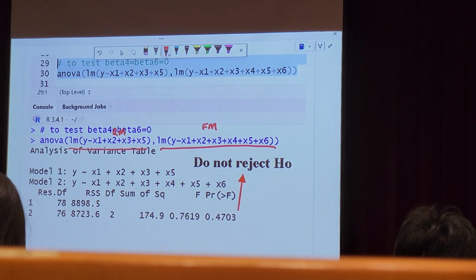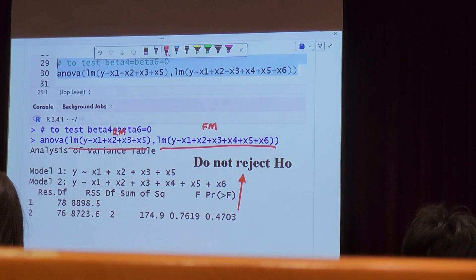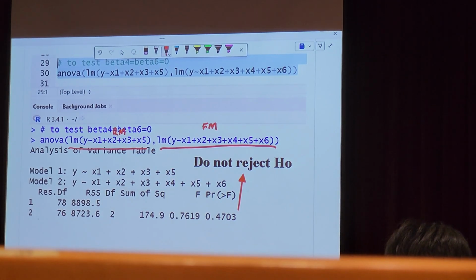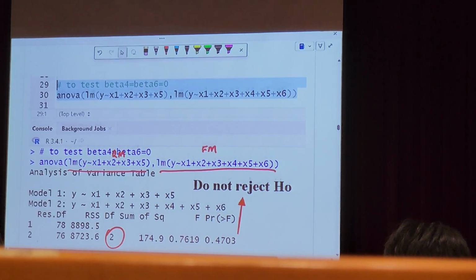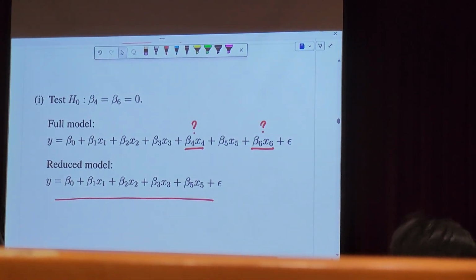But note that the interpretation of beta 2 is different for the two models because they are different models. All right. So, how many constraints are we talking about? Two constraints. Beta 4 equal to 0. Beta 6 equal to 0. So two linear constraints on the beta.